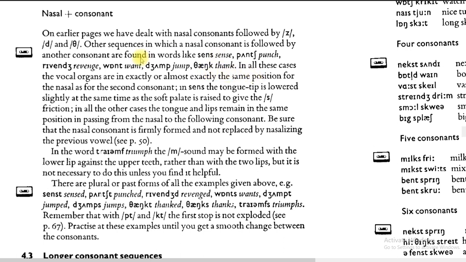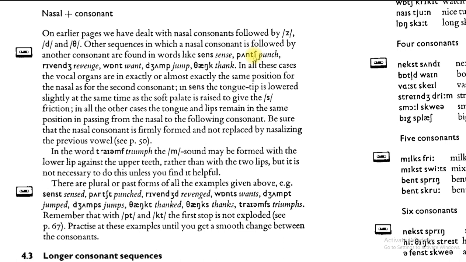And so on. In all these cases, the vocal organs are exactly or almost exactly at the same position for the nasals. For example, we have this n sound and then the ch. N, ch. If you practice, you would see that your tongue doesn't make that great a movement, that great a transition from one sound into another.